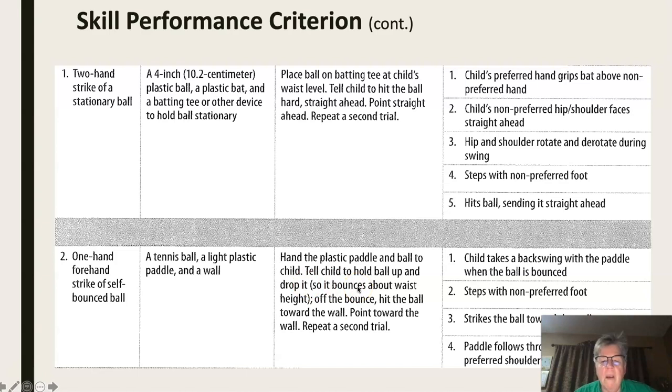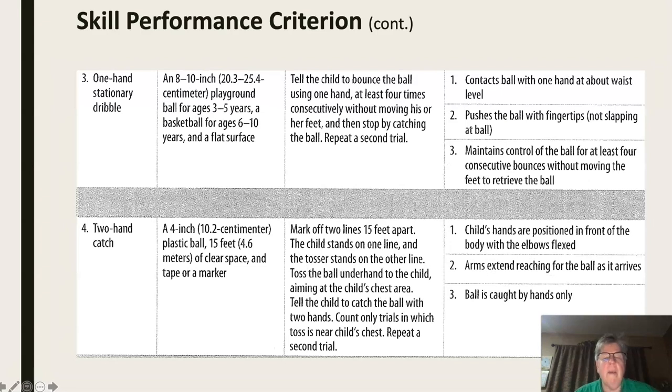We want it to bounce up to their waist or about waist height, and then their task is to, off of that bounce, hit the ball toward the wall. And again, your job to point toward the wall so they know the direction that it's going to take. And you could imagine this is a relatively complex skill. So again, it may be a struggle spot, or they may be really good at it.